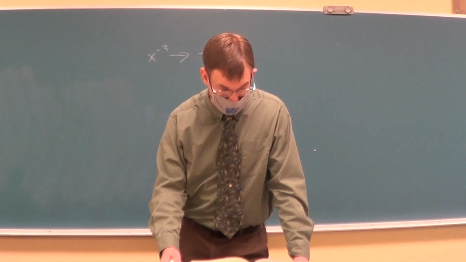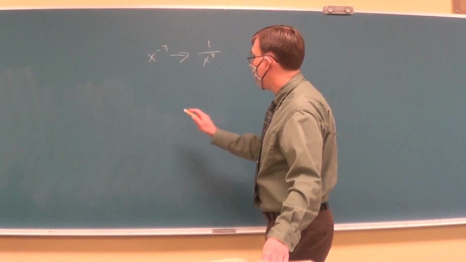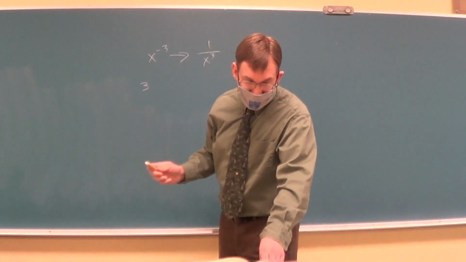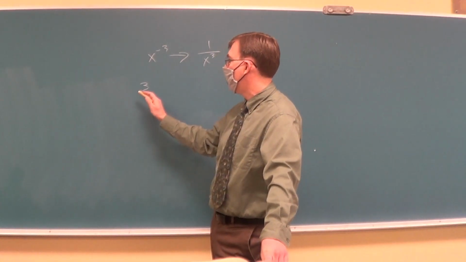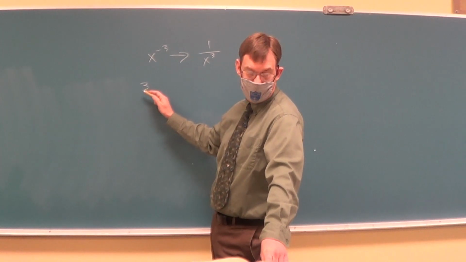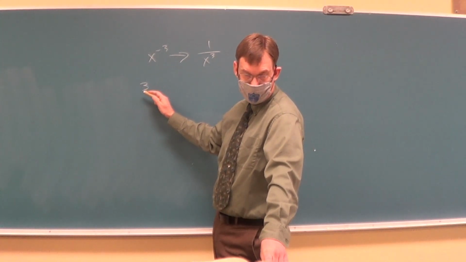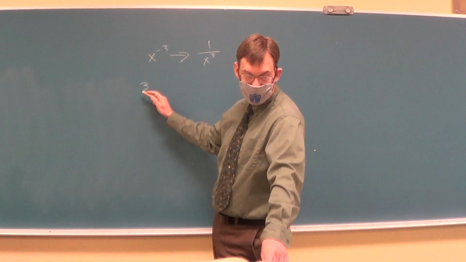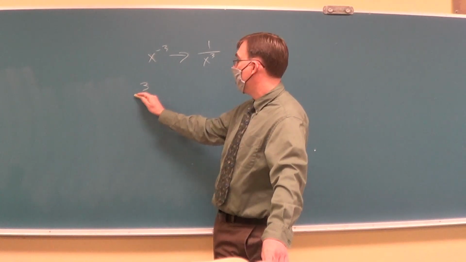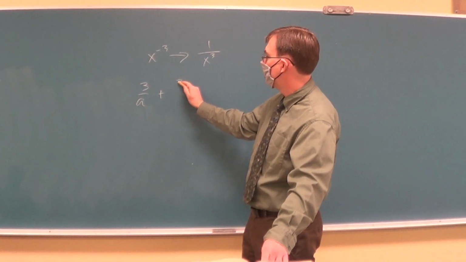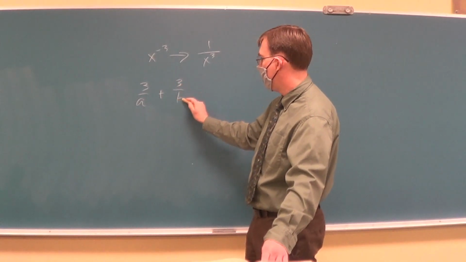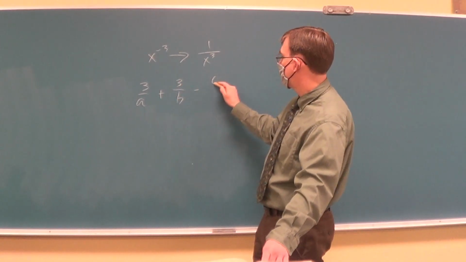19. So 19, anybody have a theory on, instead of 3a to the negative 1, what am I going to write? Close. 3 over a. Plus the next piece, I'll write 3 over b. 6 over b, minus 6 over a.